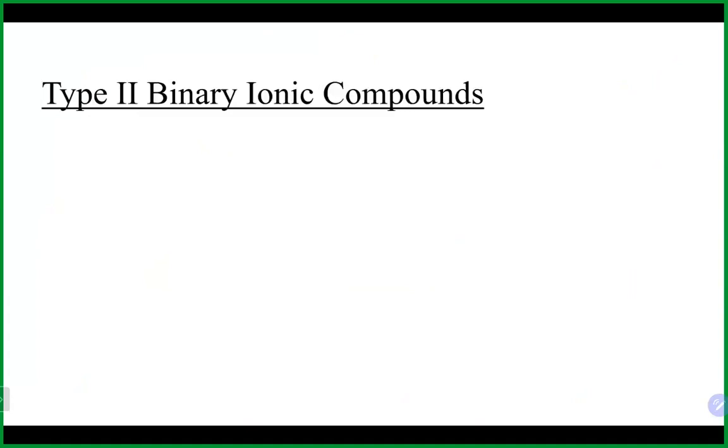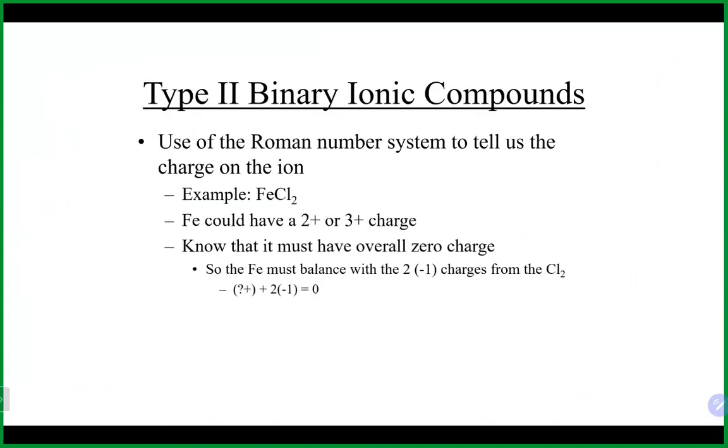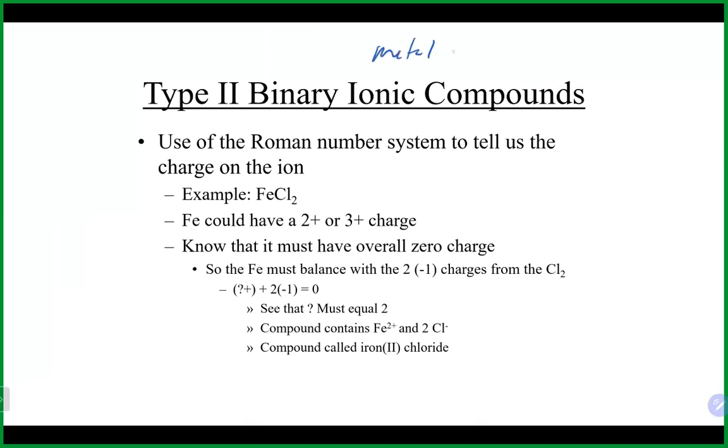Then let's talk about the other type of ionic compound here, which is type 2. And type 2 ionic compounds are also obviously metals and nonmetals. And again, we have our ions. And when that metal is involved, it is, again, the most important thing.